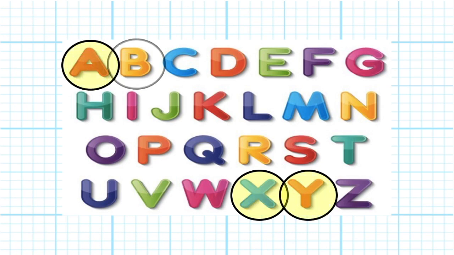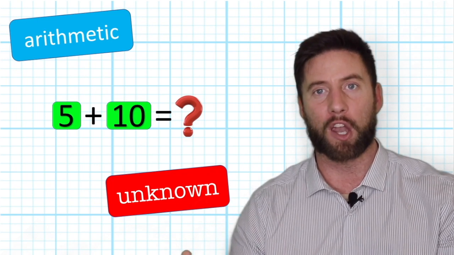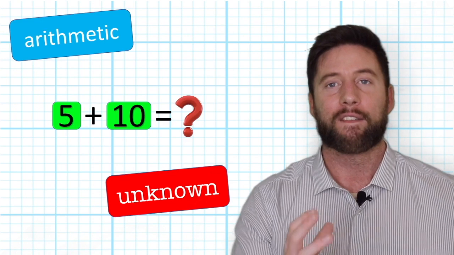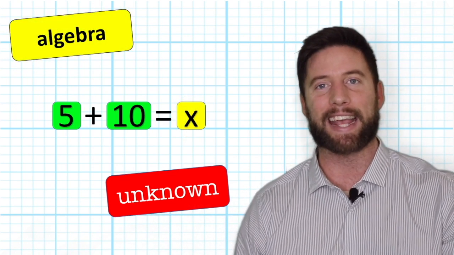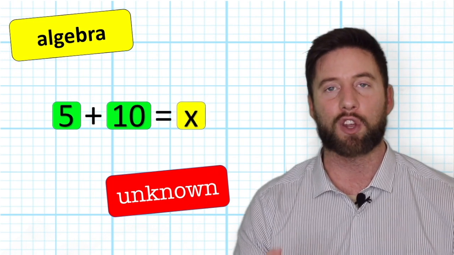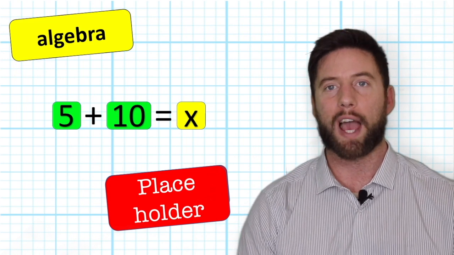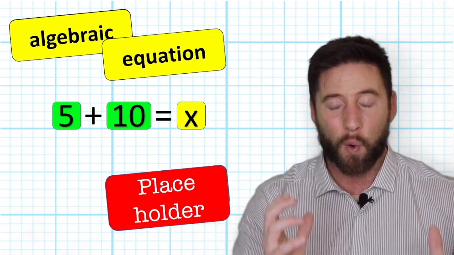So in arithmetic, we would leave it as 5 plus 10 equals unknown. In algebra, we would have 5 add 10 equals X. The X in this case is a placeholder and it stands for the number that we have not got the answer for yet. So what we have created is a very basic algebraic equation.